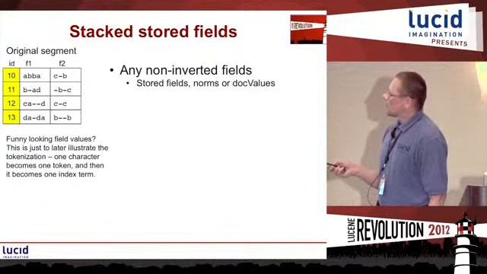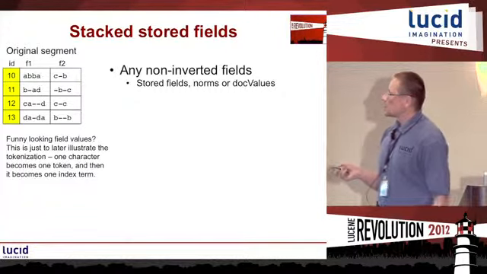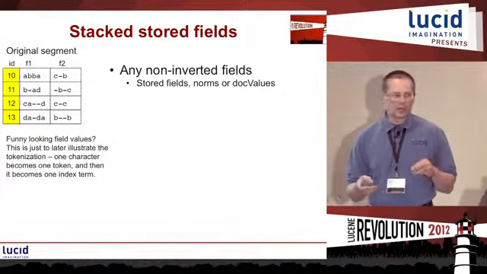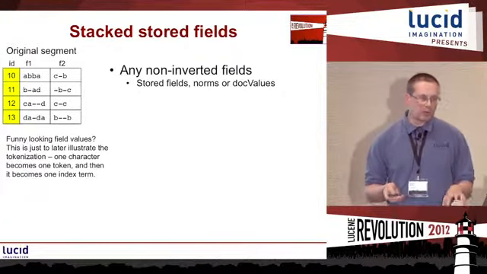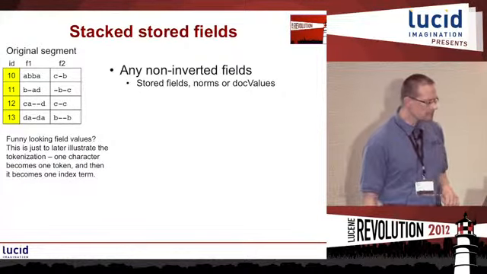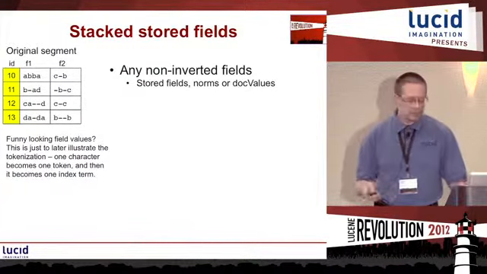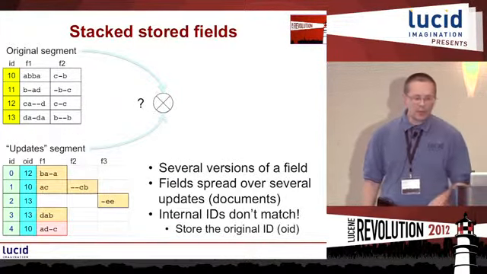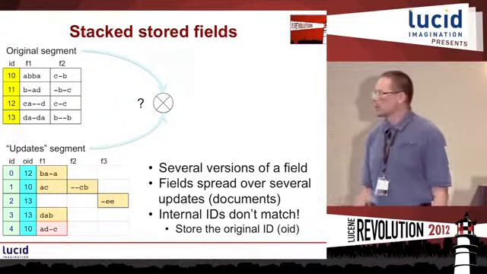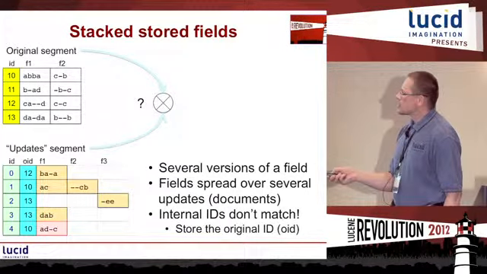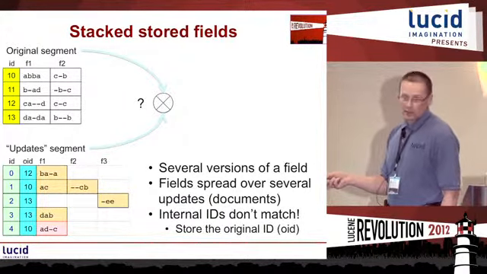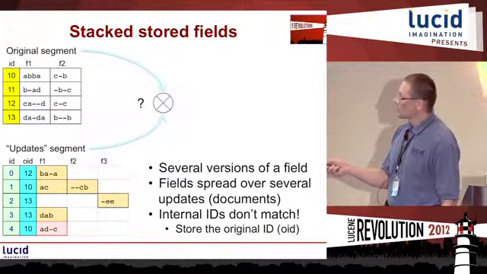So this case for stored fields basically works with any non-inverted fields, so with doc values and norms as well. So we have our original segment, field 1 and field 2. And then we have our updates segment, right? So you can immediately see that internal IDs are obviously different from those IDs.